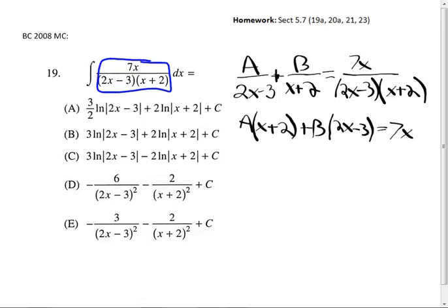So then you're going to want to do x. B equals 2. I don't know. No. 4, negative 4, negative 7, isn't it?